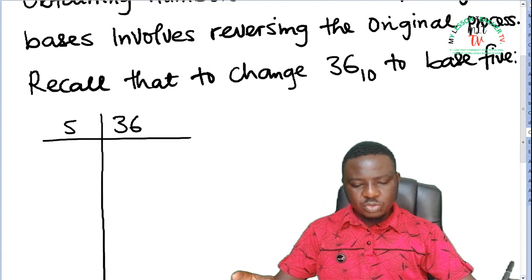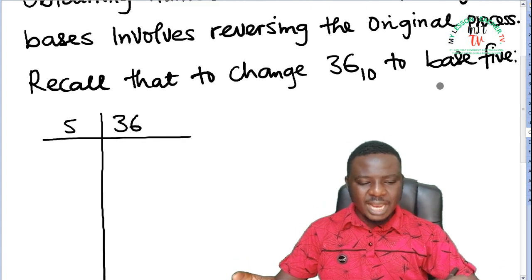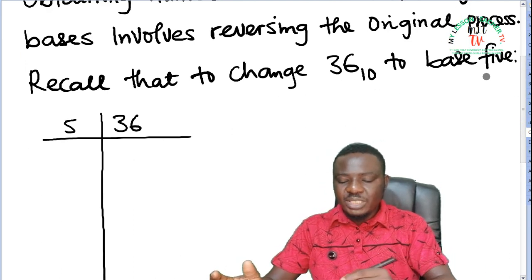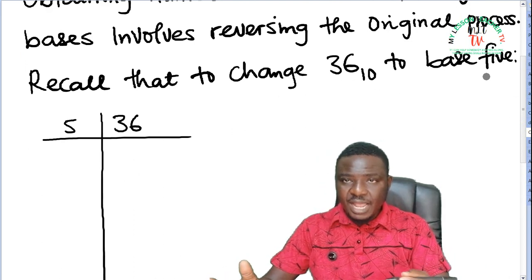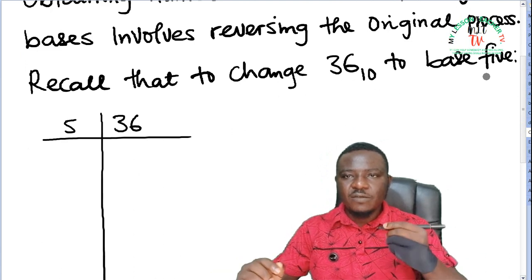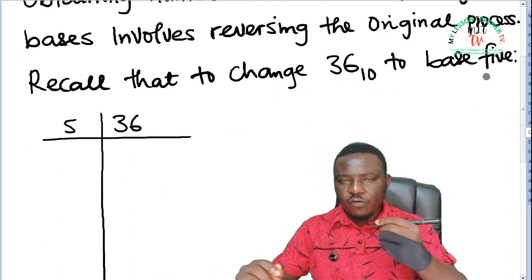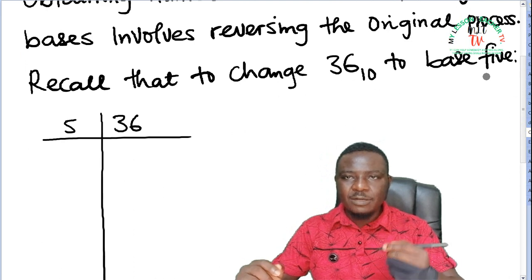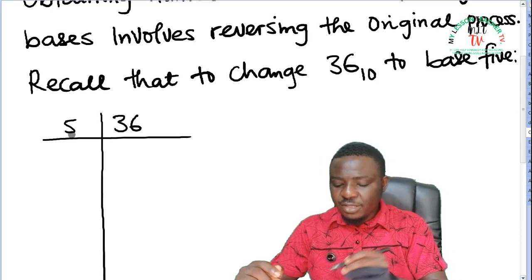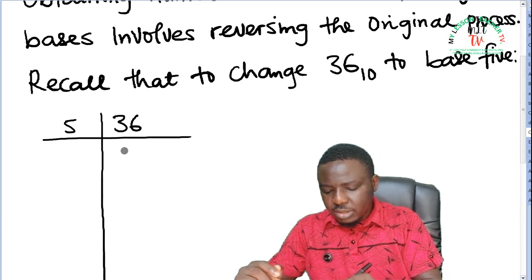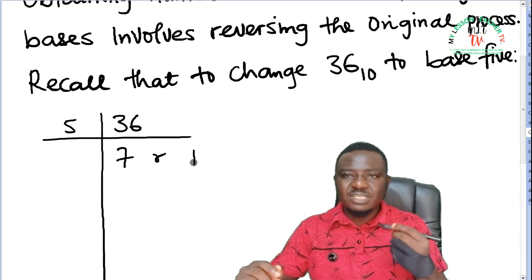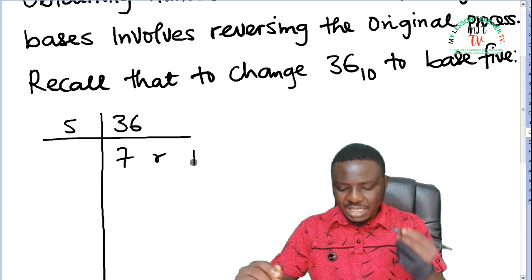We should recall that to change 36 base 10 to base 5, we said you divide 36 repeatedly by 5 and you get the remainder. The remainder is going to give us the value or the equivalent of 36 base 10 in base 5. So when you divide 36 by 5, 5 into 36 is said to be 7 times remainder 1, because 7 times 5 is 35 plus 1 is 36.